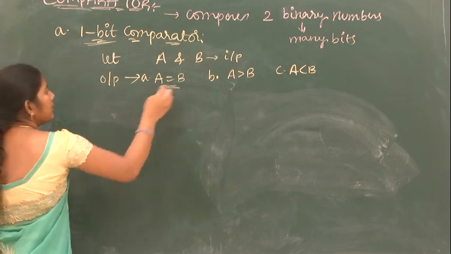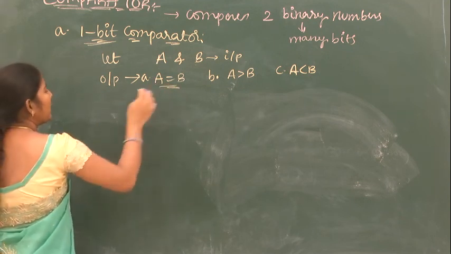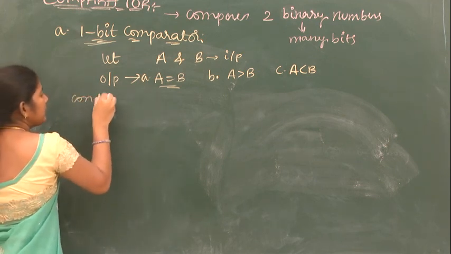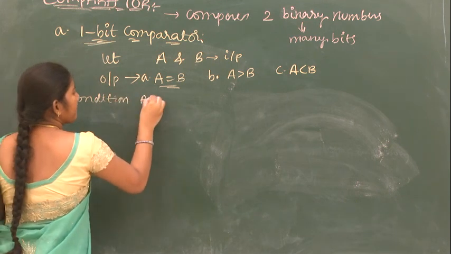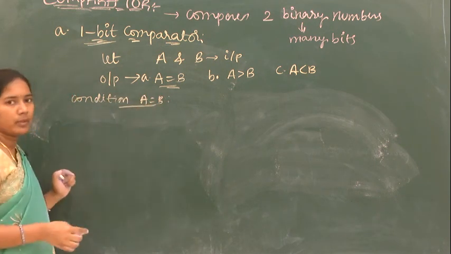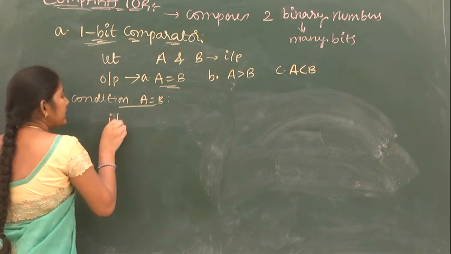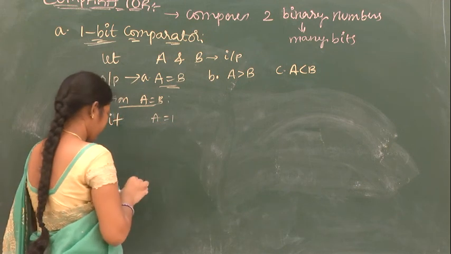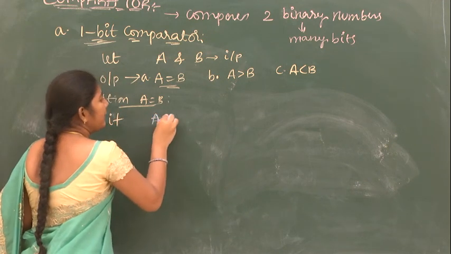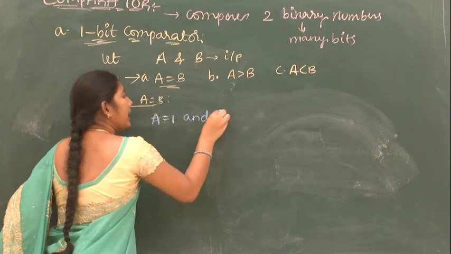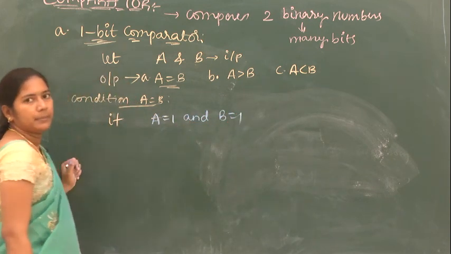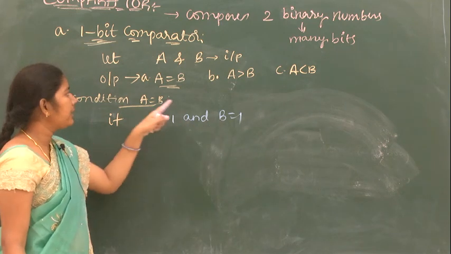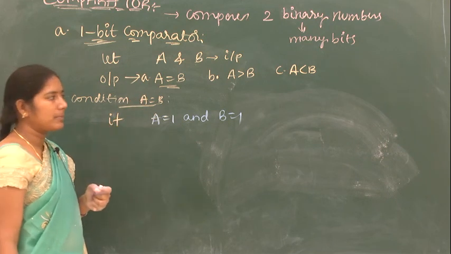So for these outputs, we need to find the logic expression, right? I'll see when we get the A equal to B condition. So the condition for A equal to B is: if A equal to 1 and B equal to 1, then we can say that A equal to B. That is one possibility.